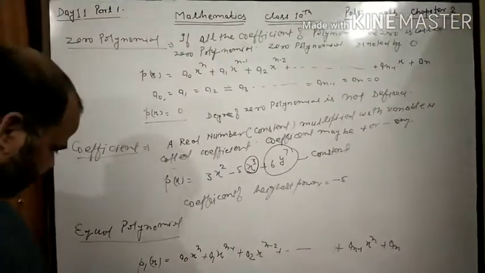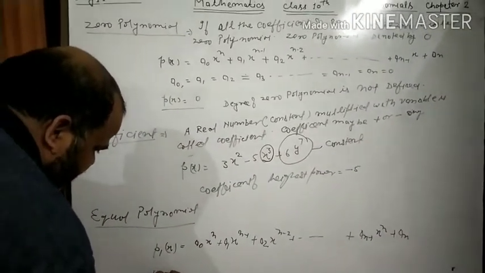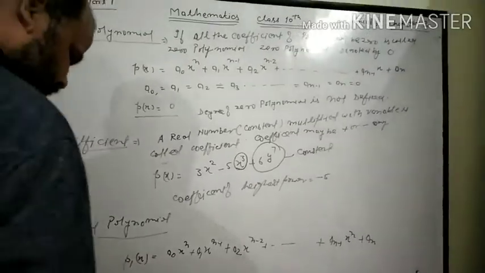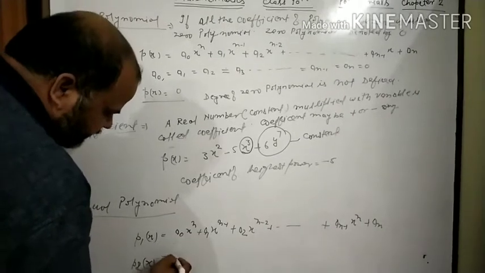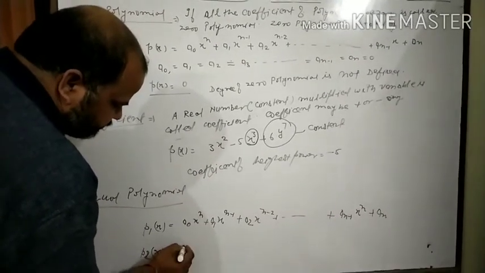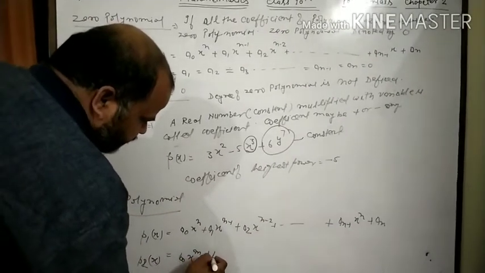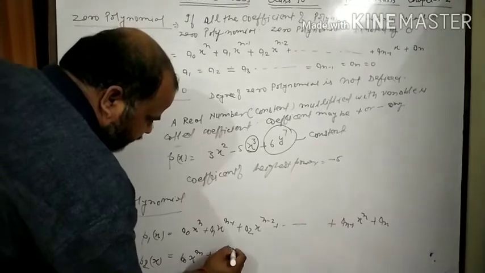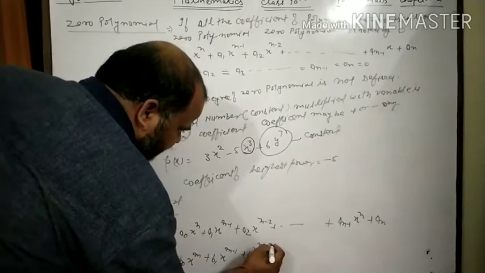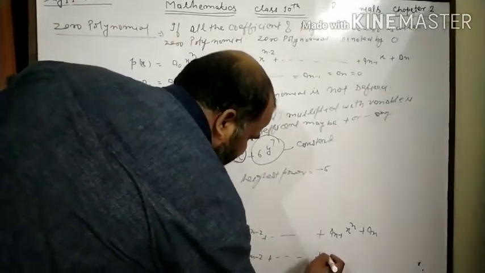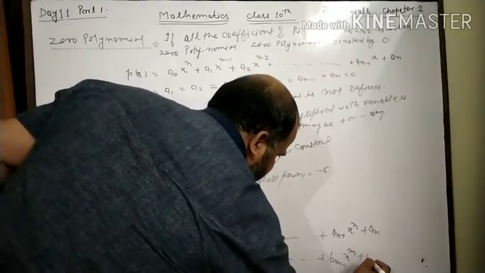And another polynomial is p2(x), equal to b0 x to the power m plus b1 x to the power m minus 1 plus b2 x to the power m minus 2 and so on, b(m minus 1) x plus bm.